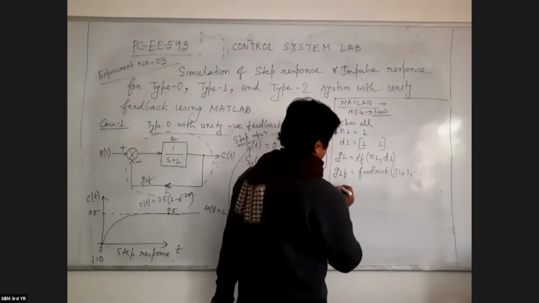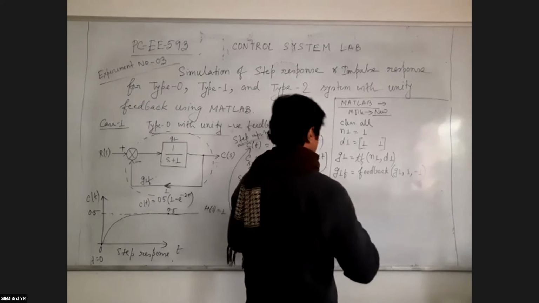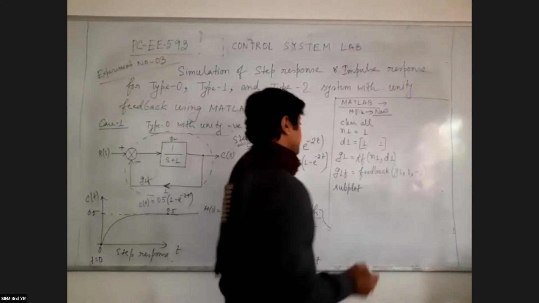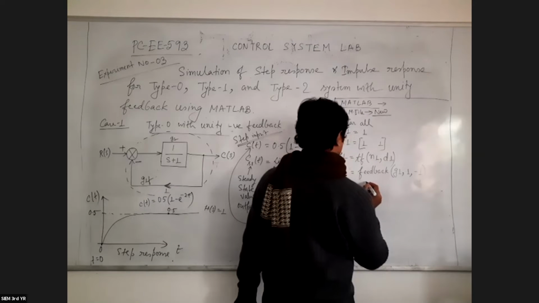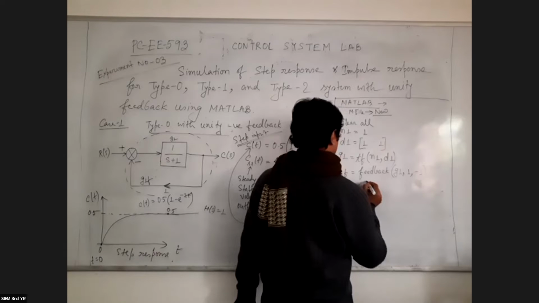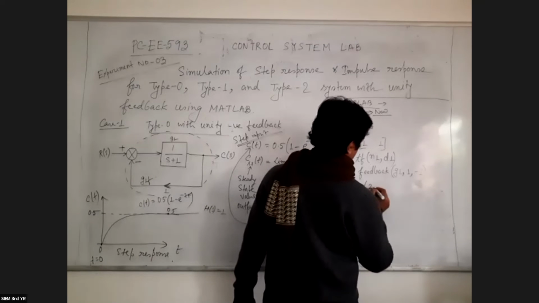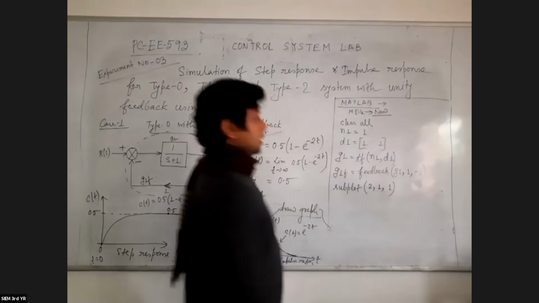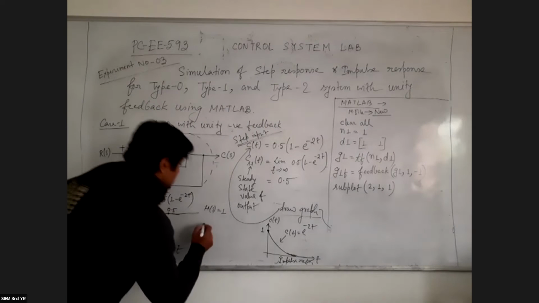Then you write subplot 2 comma 1 comma 1. Why have I written 2 comma 1 comma 1? Subplot is a command.